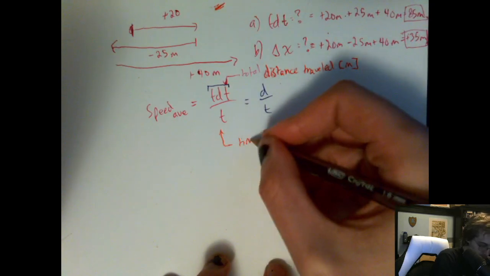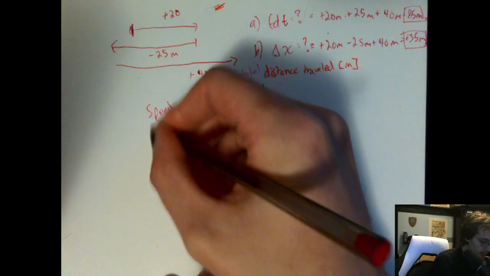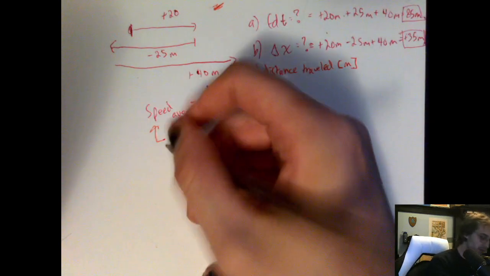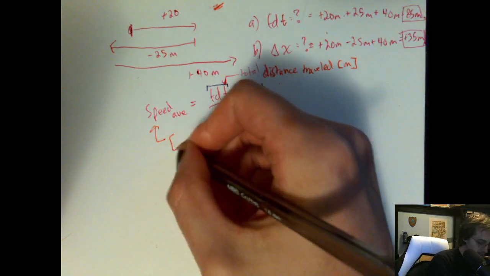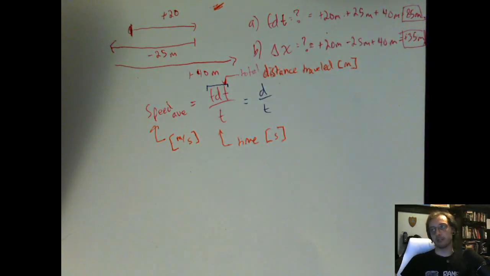T is time, which is, for this class, mostly measured in seconds. And you can use any measurements of distance or time for these, but again, just for this class, we're normally going to be using seconds and meters. And speed is meters divided by seconds, or meters each second. Anytime you hear the word each in something's units, it means there's some form of division happening.